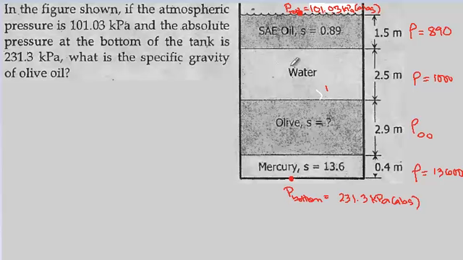As you go from the top to the bottom, what happens to the pressure? It simply increases by a value of rho g h. Here, you can't do it in one go, because it's made up of layers of liquid that don't mix.